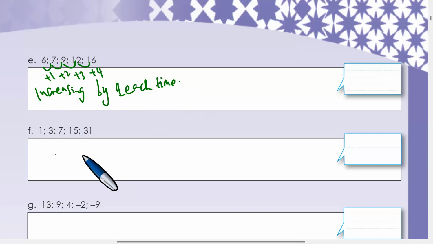What about F? What is happening in F? Is it a constant difference? What is happening between 1 and 3? +2. Increase by 2.